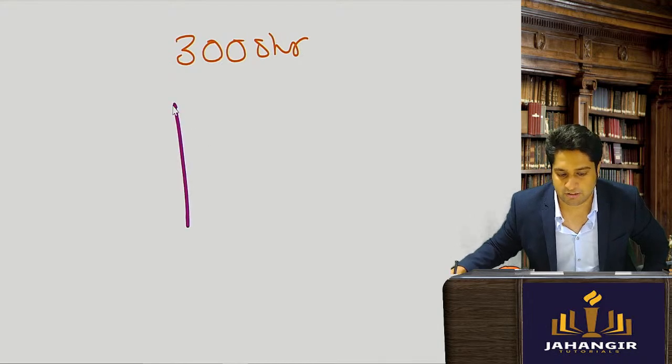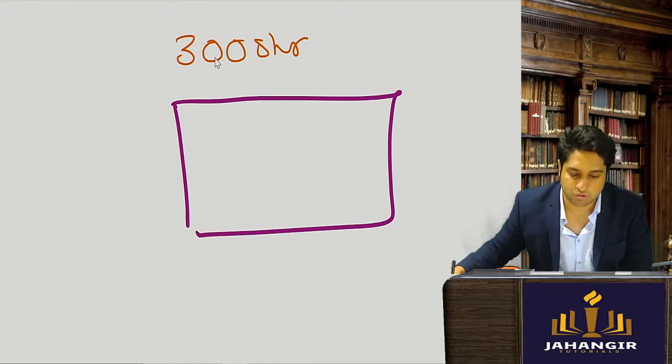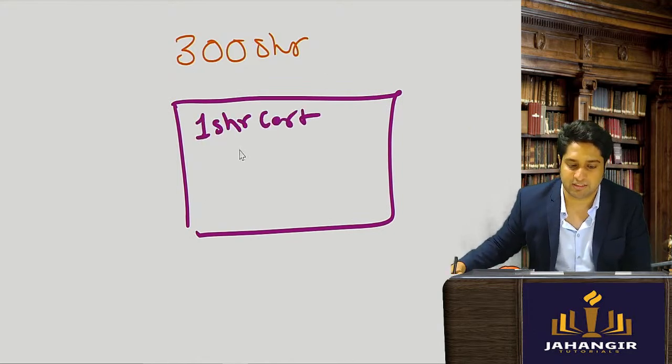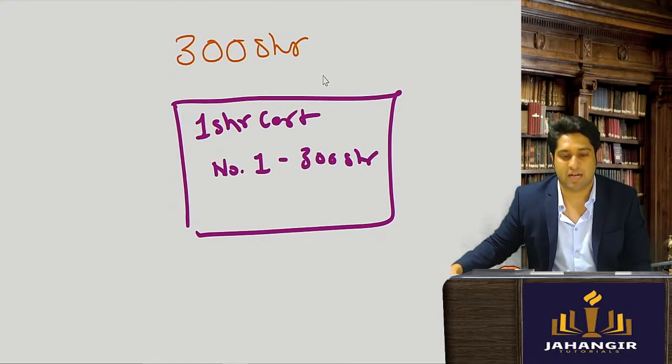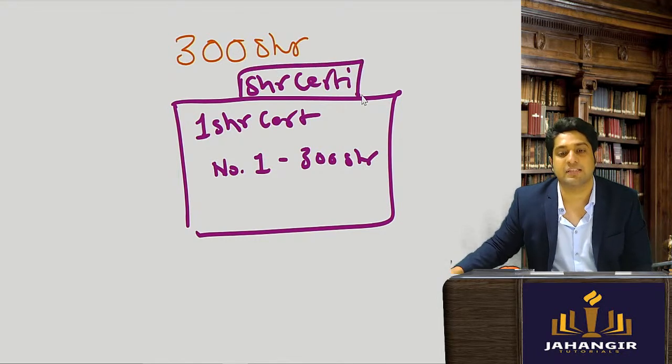The company might issue me not 300 share certificates. They will issue me one share certificate which will mention that I have the shares from number 1 till number 300. So I will have one share certificate showing that I have 300 shares.